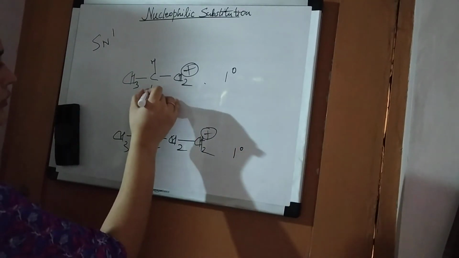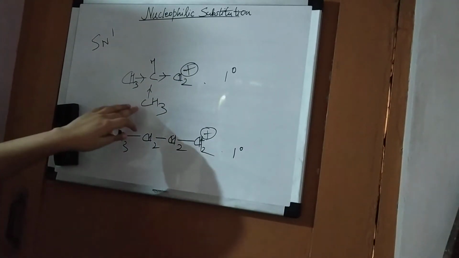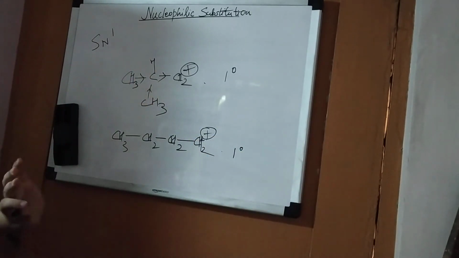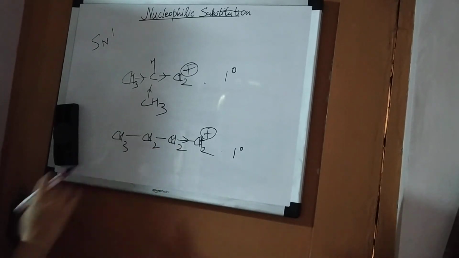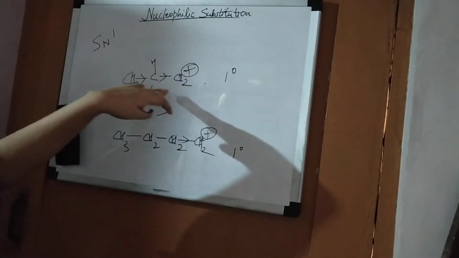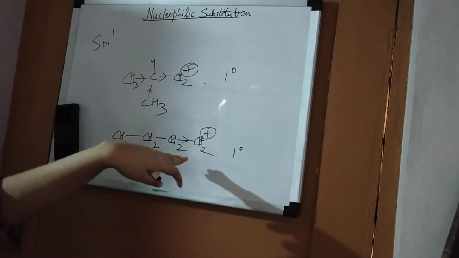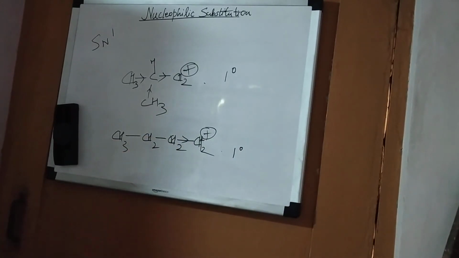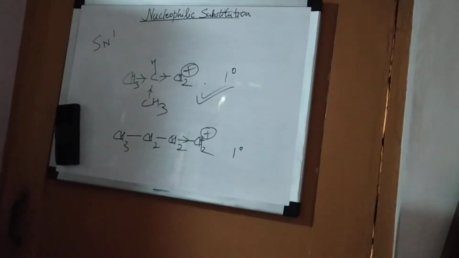Here there is more inductive effect due to the CH3 CH3 CH group, but here only due to the CH2 group. So this one is more stable because the inductive effect is more, and the other is less stable because the inductive effect is less. Therefore this will undergo the faster SN1 reaction.